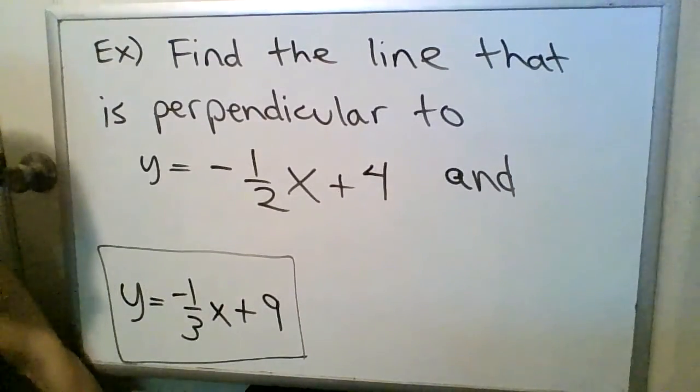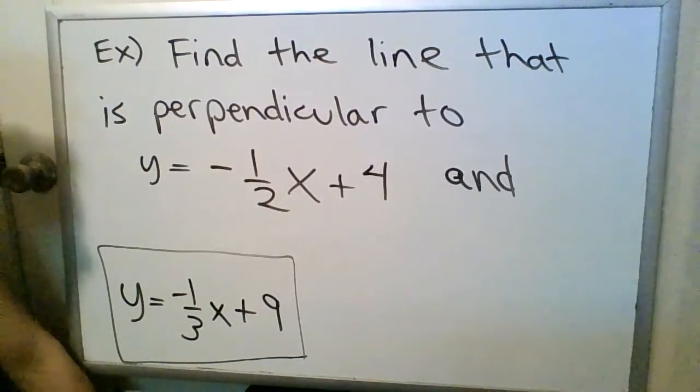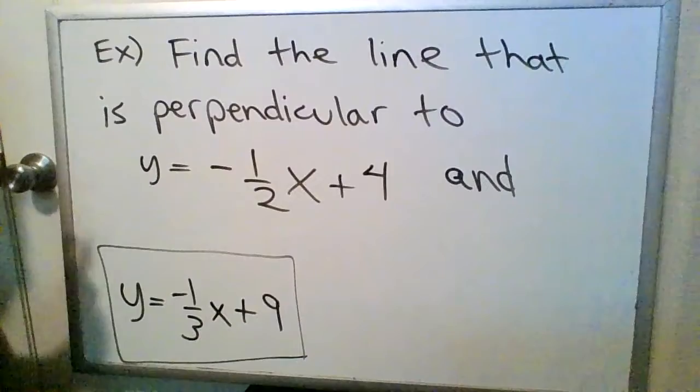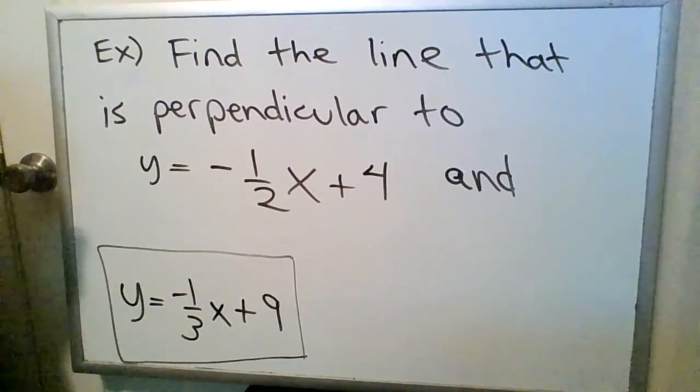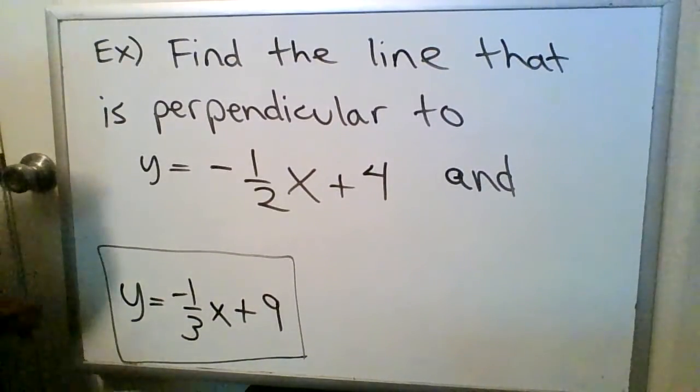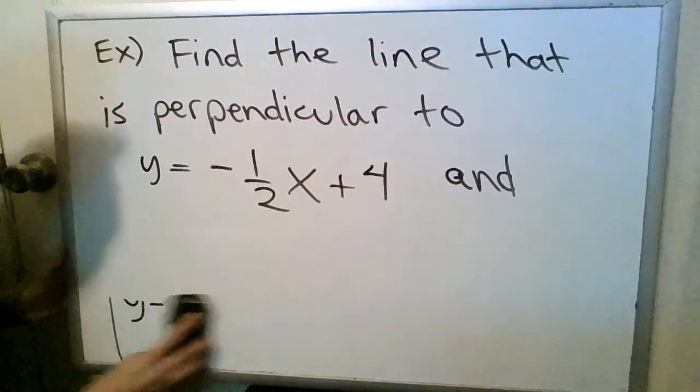And this line will also go through the point, let's do negative 5, negative 1. And let's see what happens.